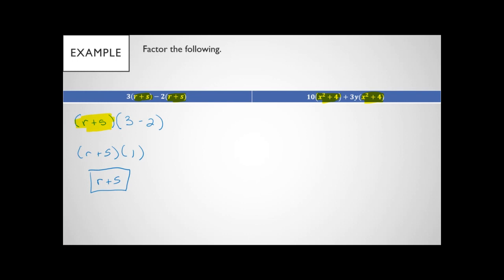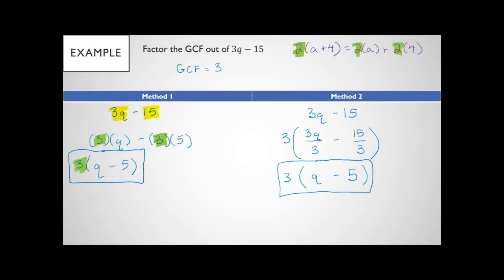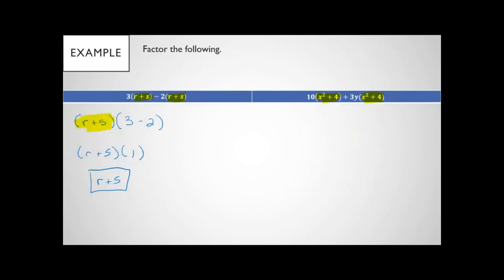So I'll go back to the very first example where I kind of showed that. You had the same thing in parentheses on the left here. You put it in front, everything left over goes in the parentheses after that. So that's what we're doing here. So the one on the right, also very simple.